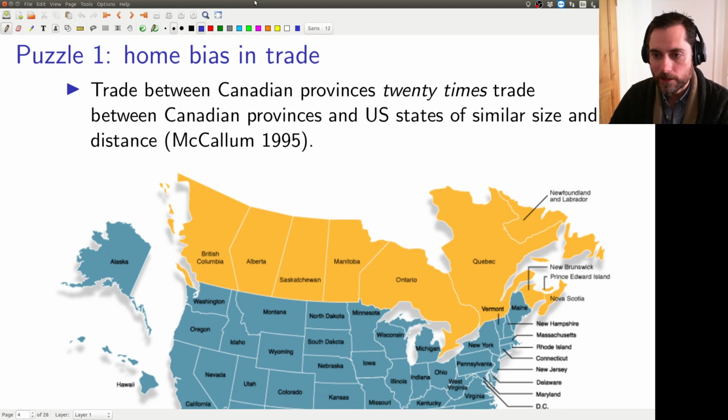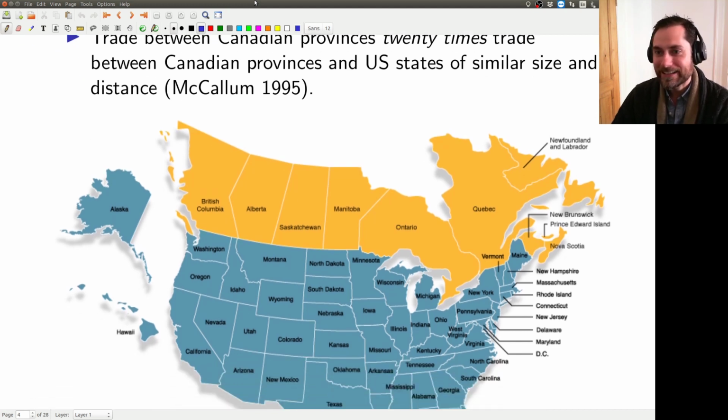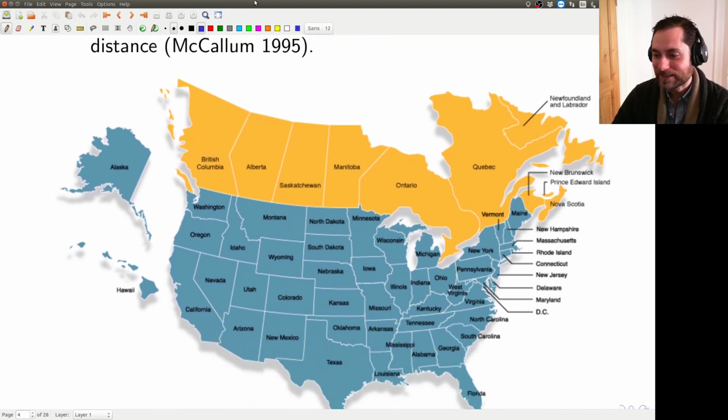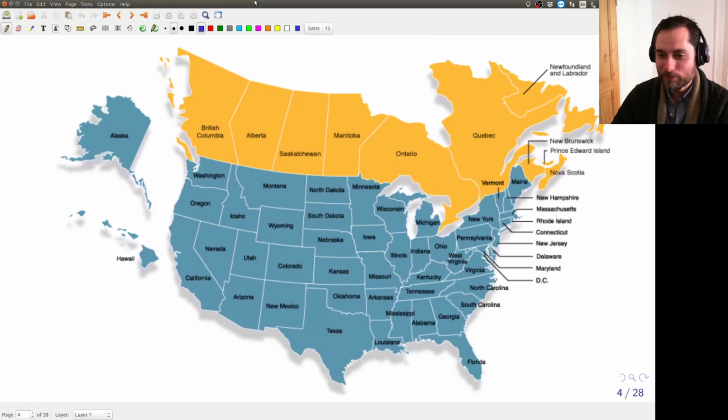We're going to be talking about results from a paper, McCallum 1995. This map is just something I found that had Canadian provinces and US states. But this is a famous paper that surprised a lot of economists and generated a lot of further research. First of all, the yellow part of this map is the Canadian provinces where most Canadians live.